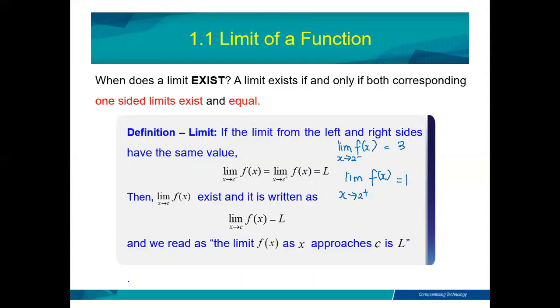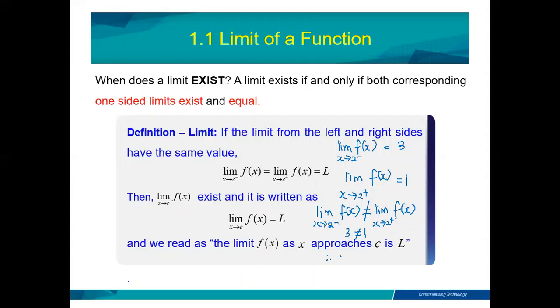Is the limit of f(x) when x approaches 2 from the left equal to the limit of f(x) when x approaches 2 from the right? Not the same, right? Why? 3 is not equal to 1.